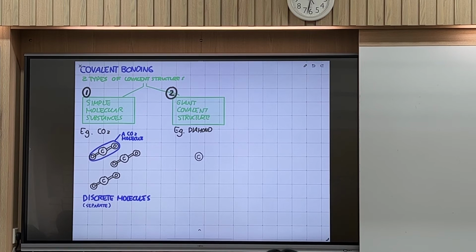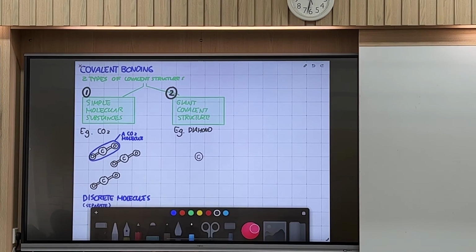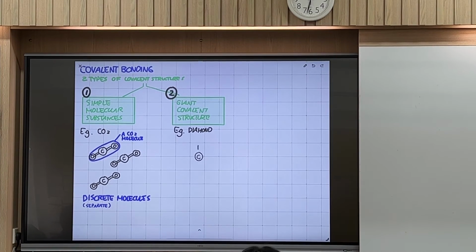First, you draw a carbon atom linked to 4 other carbon atoms tetrahedrally. Do you know what a tetrahedron is? This is a tetrahedron.